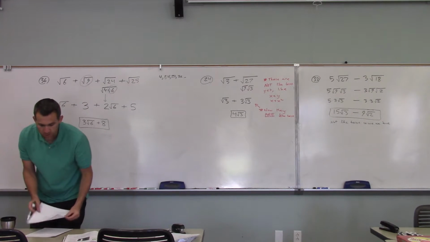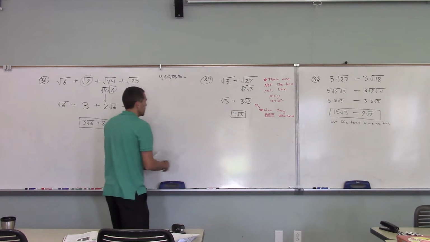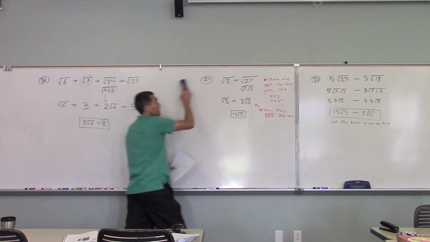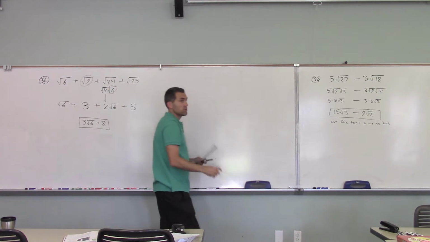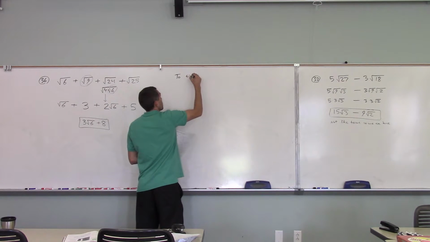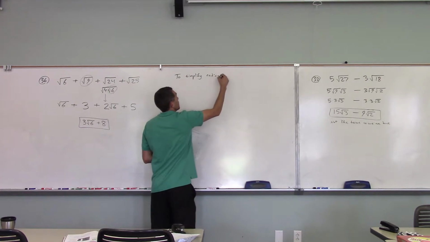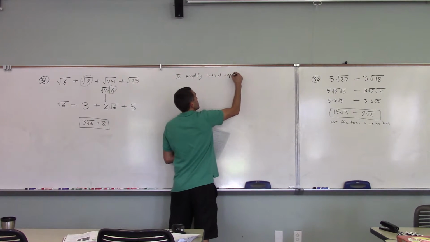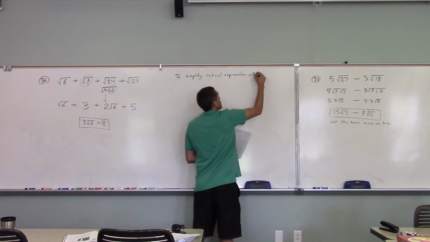Okay, the one other type of problem we're having here is not anything new. We're doing the same problems we've done in past sections. We're just adding a square root to the mix. But I'll just add, to simplify radical expressions with more than one term.